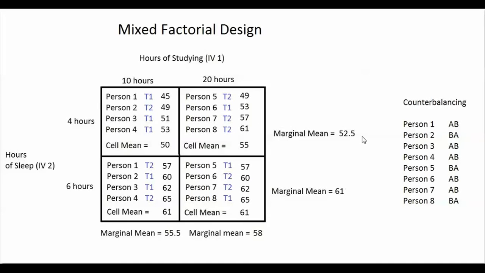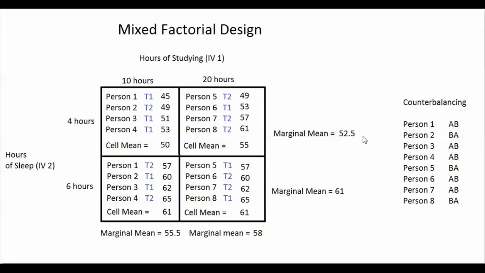A mixed factorial design has certain advantages over a between subjects factorial design, or a within subjects factorial design. One major disadvantage of a between subjects factorial design is that it requires a large number of participants. You need a large number of participants in a between subjects factorial design because you need a separate group of people for each cell of the experiment.